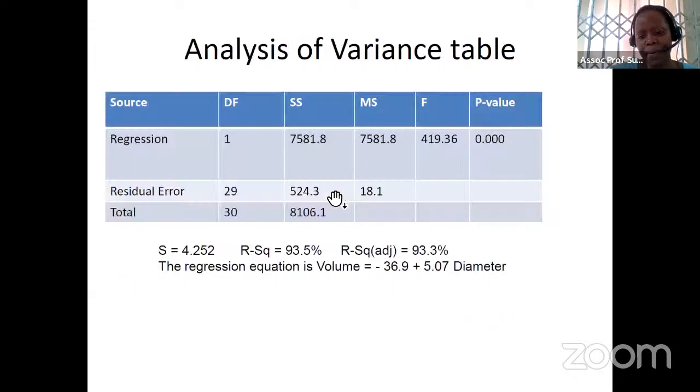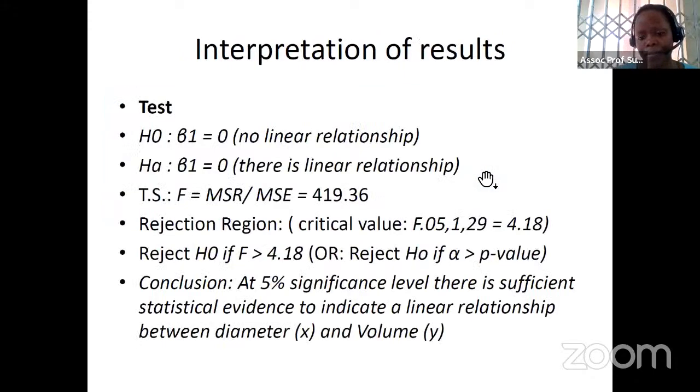In our previous table, our p-value is 0.00 and our F value is 419.36. So you see that our p-value, 0.000, is smaller than 0.05. That gives us the evidence to reject the null hypothesis.